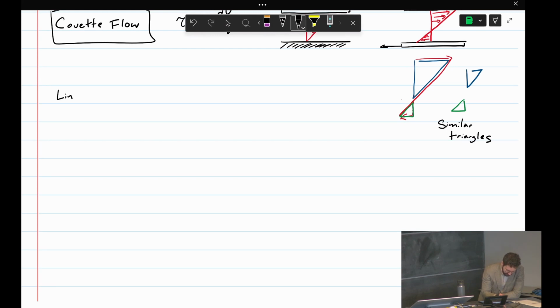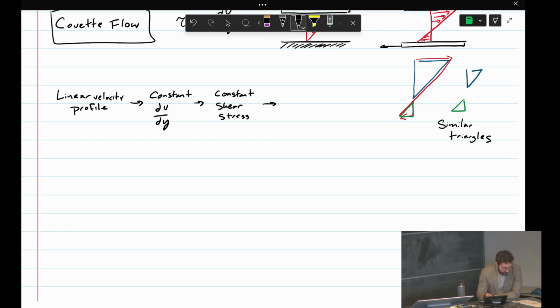The linear velocity profile, again, I'm still talking about Couette flow, means that we have a constant du dy. Therefore, we have a constant shear stress.